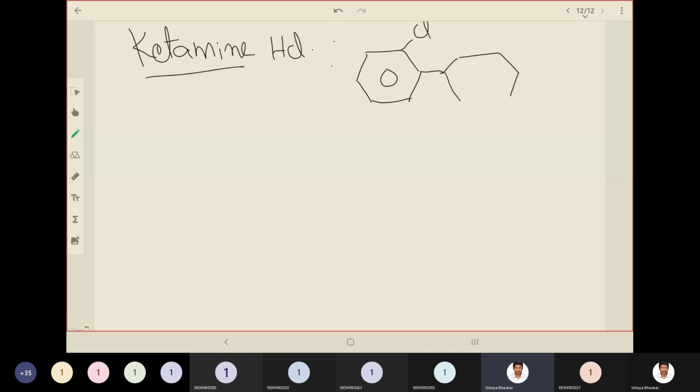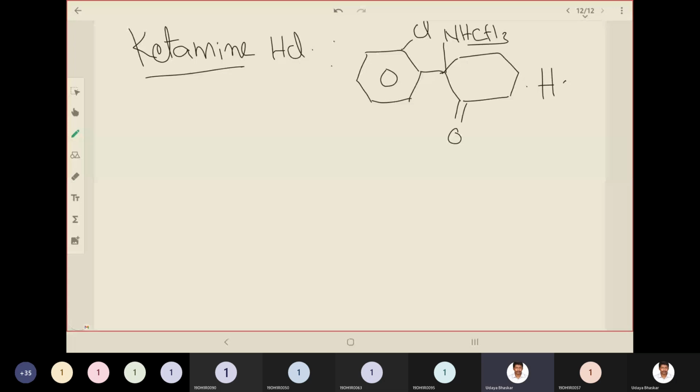This is the cyclohexyl ring, and if you put double bond O here, this is cyclohexanone. And here you have NHCH3, methylamine substituent. And this is a hydrochloride salt, so HCl. This is the structure of ketamine hydrochloride.